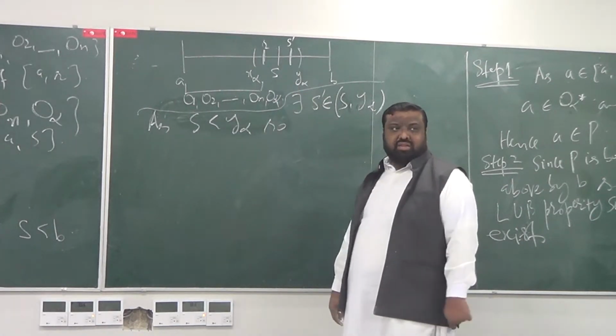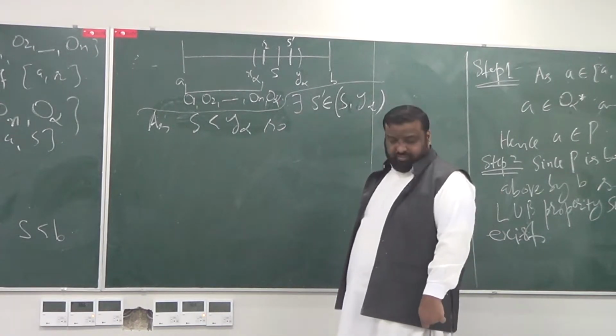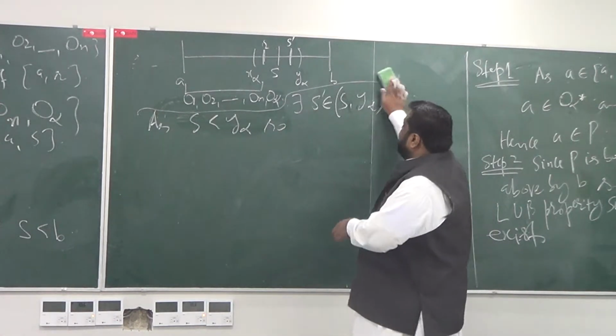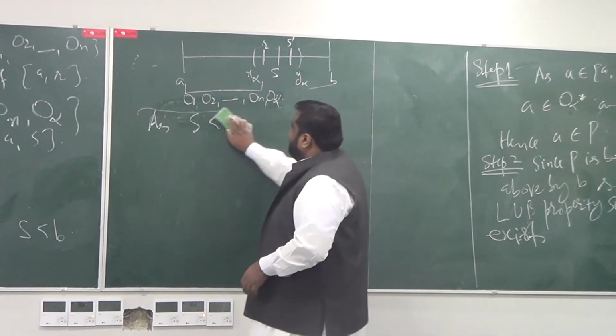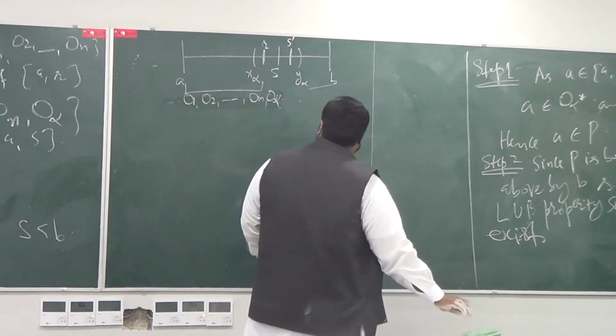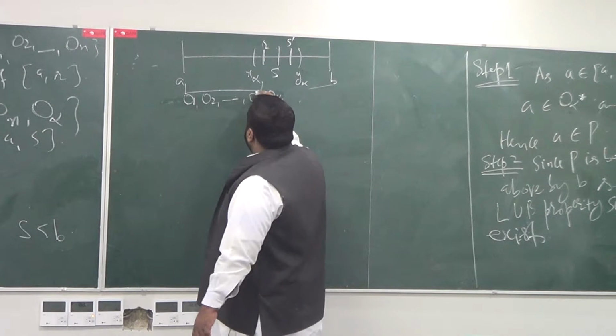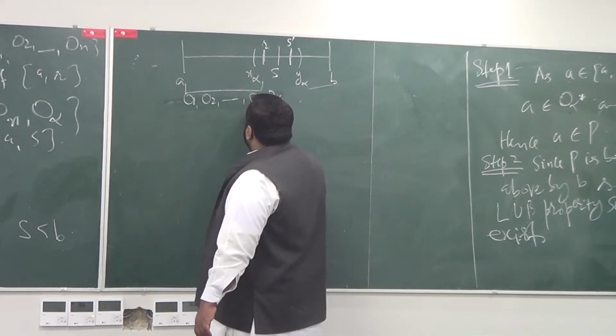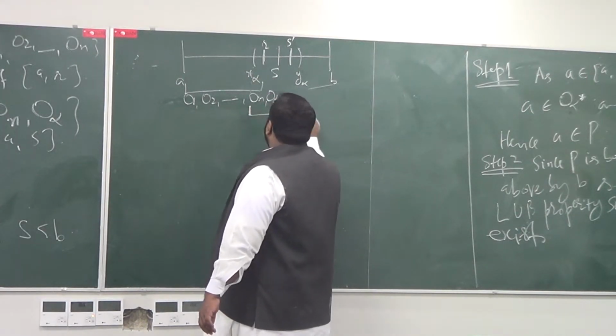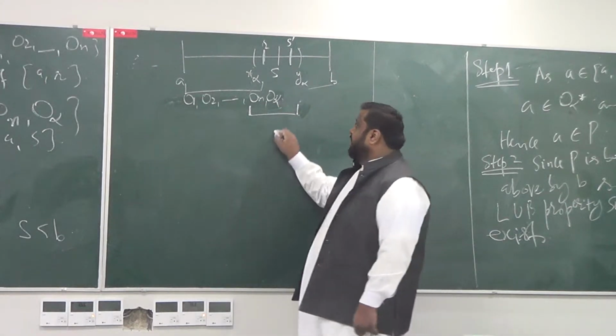Is it making sense? Let me make some space and think about it. O alpha starts from where? So it starts from here and ends here. This is my O alpha.